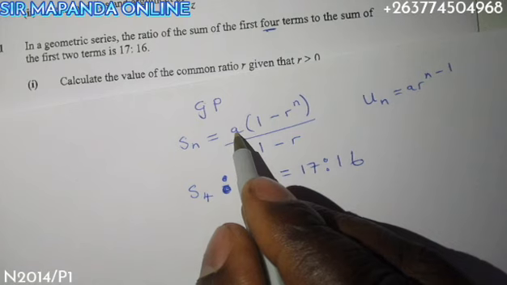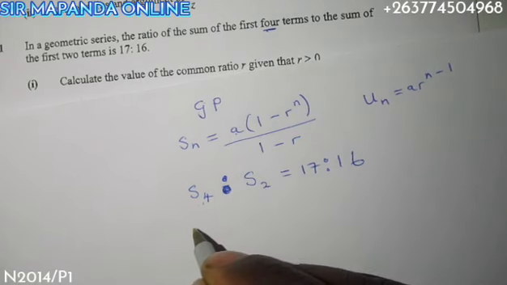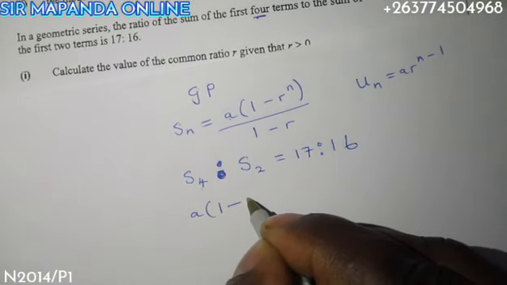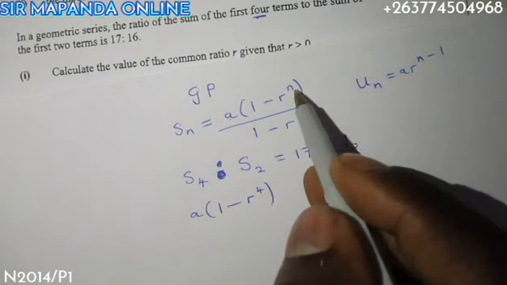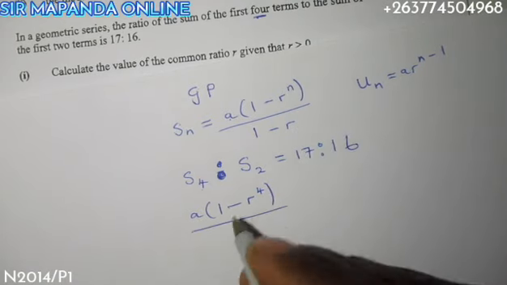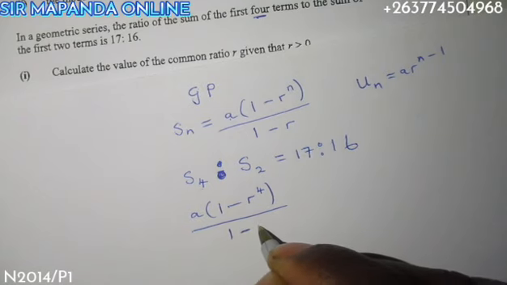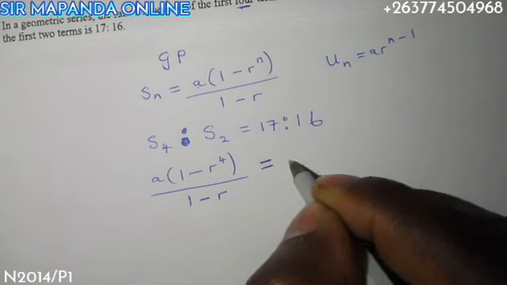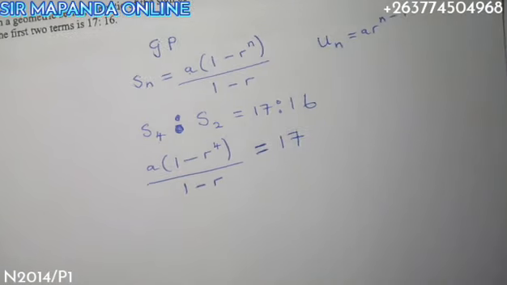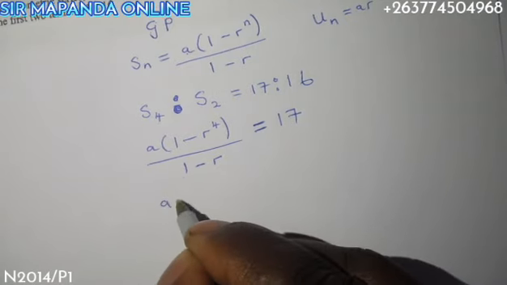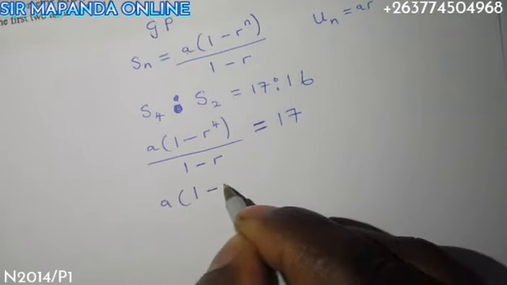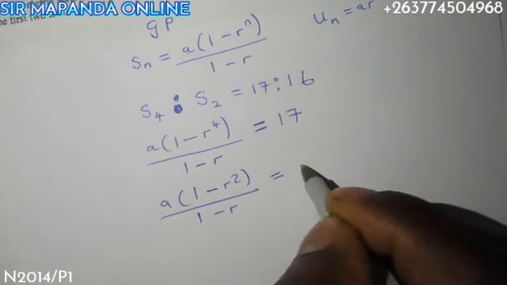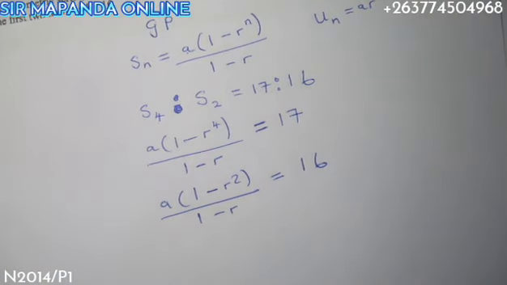So I'm going to find S4. You are saying a, open bracket, 1 minus r to the power of 4, placing 4 here, divided by 1 minus r. Equate this to 17. Then you say a, open bracket, 1 minus r squared over 1 minus r, and equate this to 16.